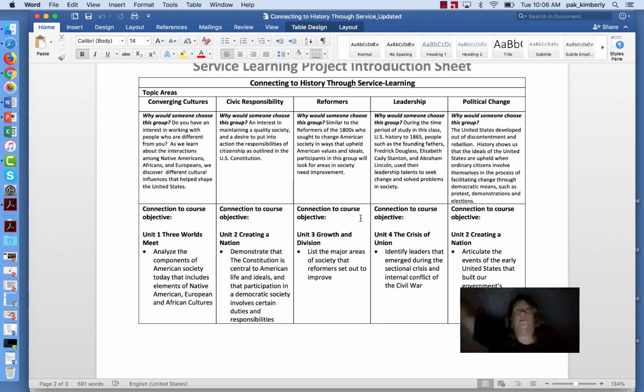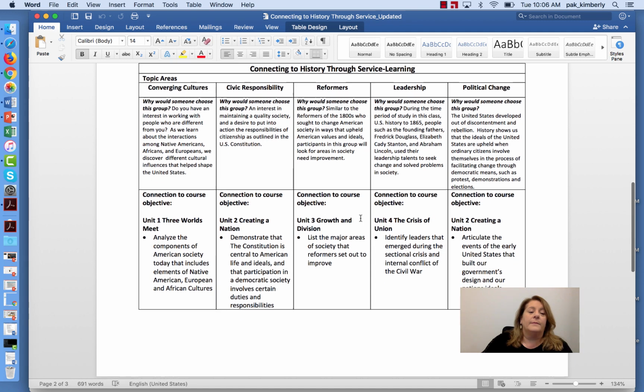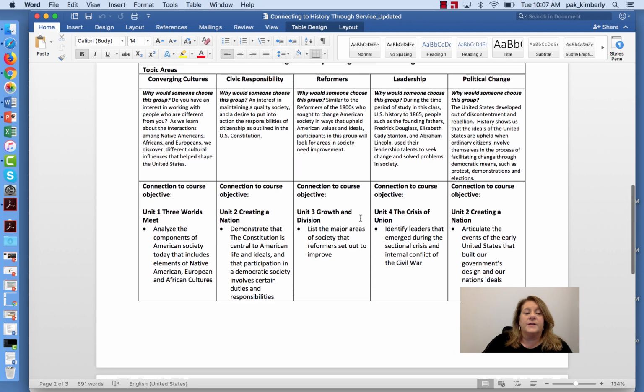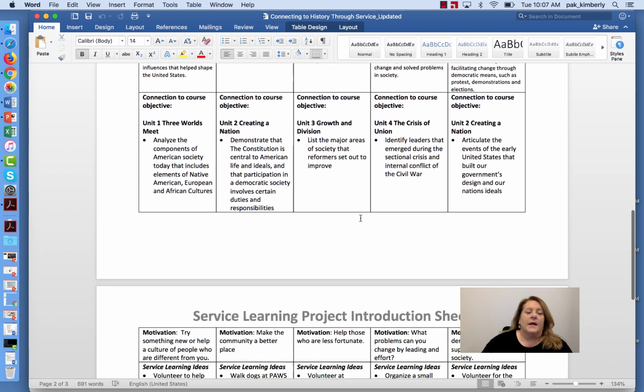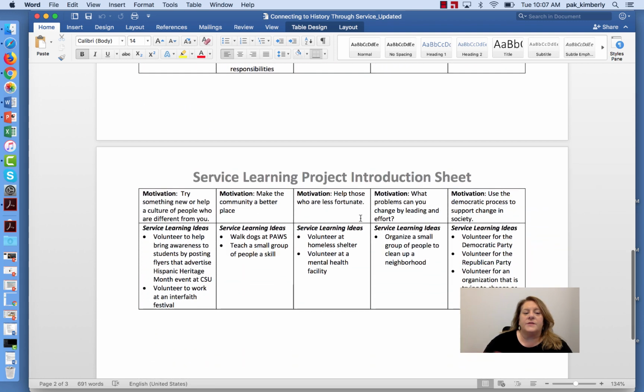This is going to connect to history for that first unit that we're in the middle of right now. And why would somebody choose this group? Well, maybe you want to try something new, help a different culture of people.